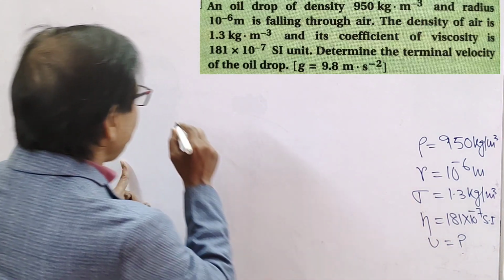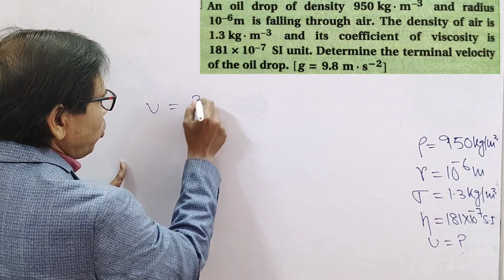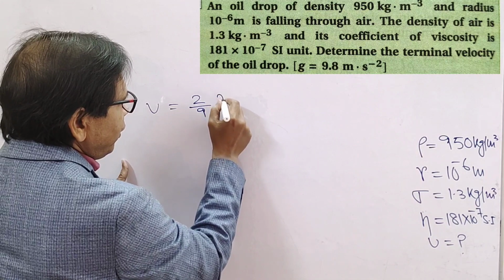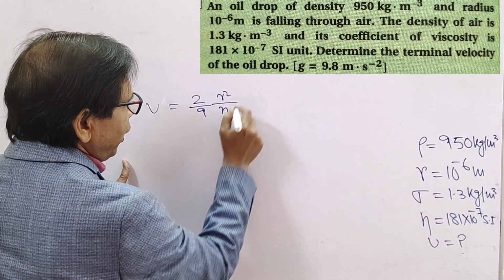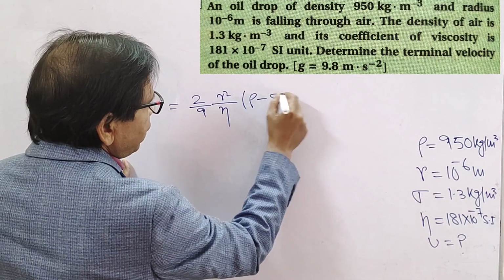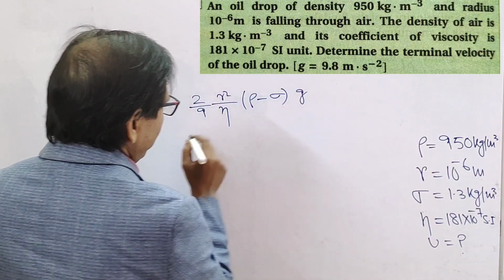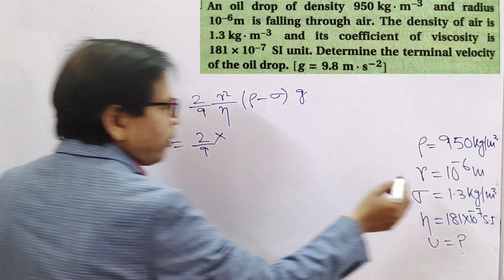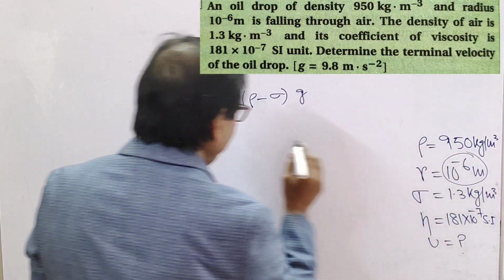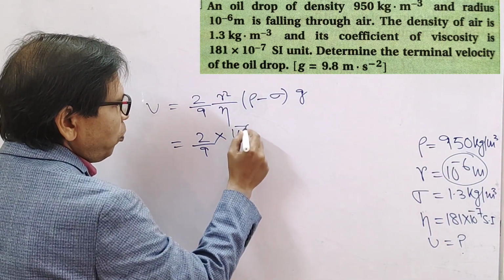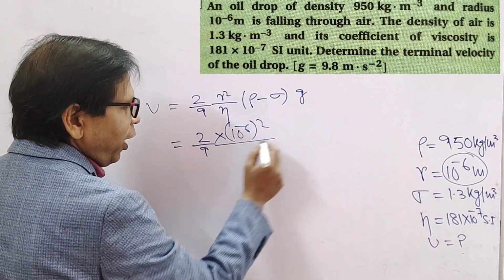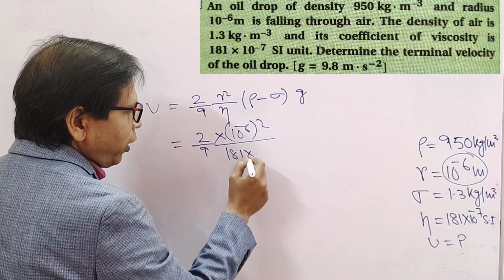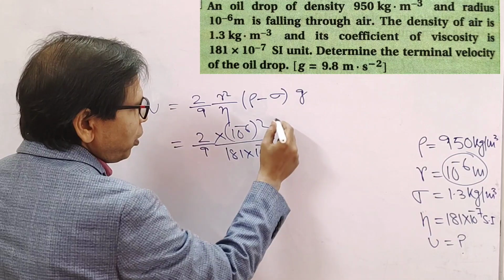The terminal velocity v is equal to 2 by 9 r square by eta into (rho minus sigma) into g. Now, r square is 10 to the power minus 6 whole square, so 10 to the power minus 12. Eta is 181 into 10 to the power minus 7.